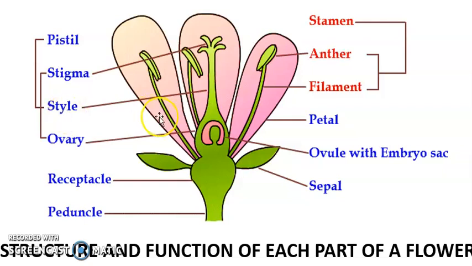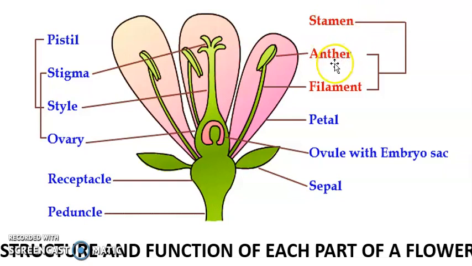Okay, so let's see the first one. This is the male reproductive organ. The male reproductive organ is the stamen.